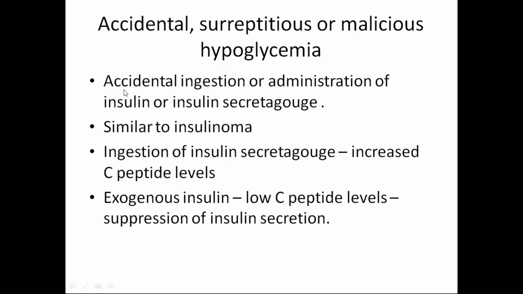Accidental, surreptitious, or malicious hypoglycemia is accidental ingestion or administration of insulin or an insulin secretagogue. All the features are similar to insulinoma, except: in ingestion of an insulin secretagogue, there will be increased C-peptide levels, just as in insulinoma, because it increases the production of insulin through beta cell depolarization.